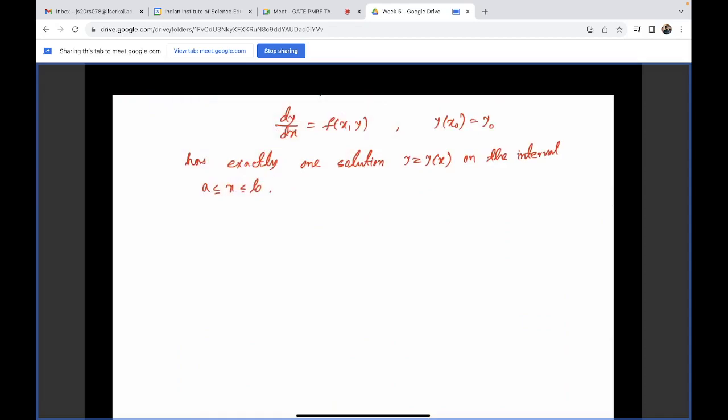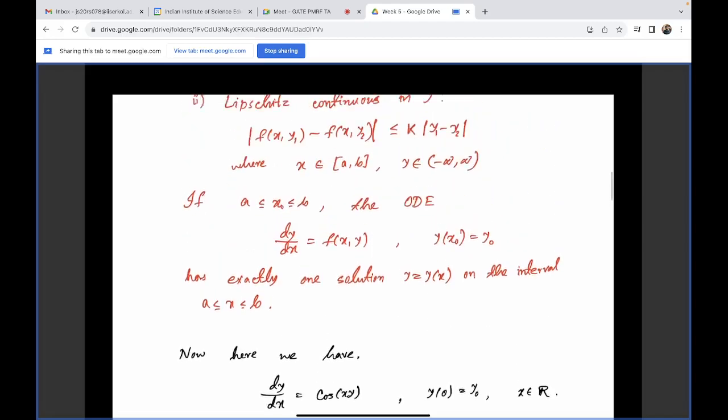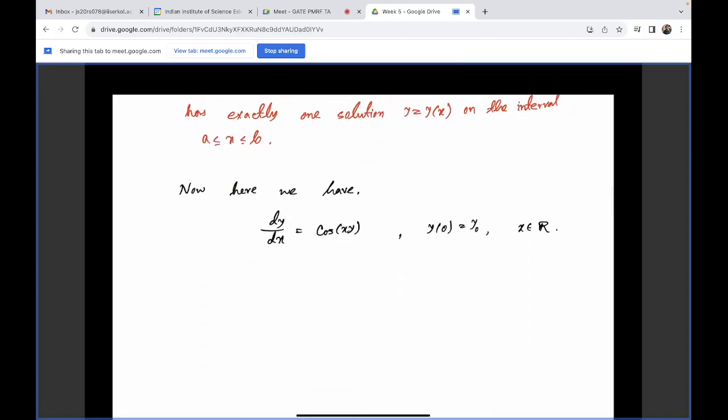So this is the f(x,y), and x is in the real numbers. So note f(x,y) here is cos(xy).